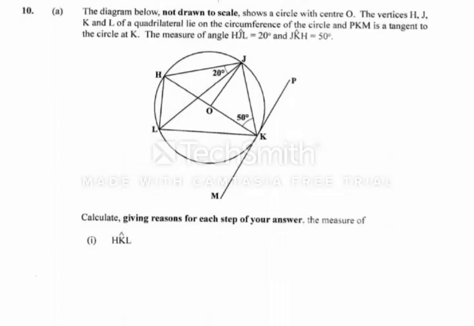So let's identify that angle HKL. This is the angle we're being asked to calculate. Now angle HKL is actually equal to 20 degrees. So there's nothing to calculate, it's just 20 degrees.